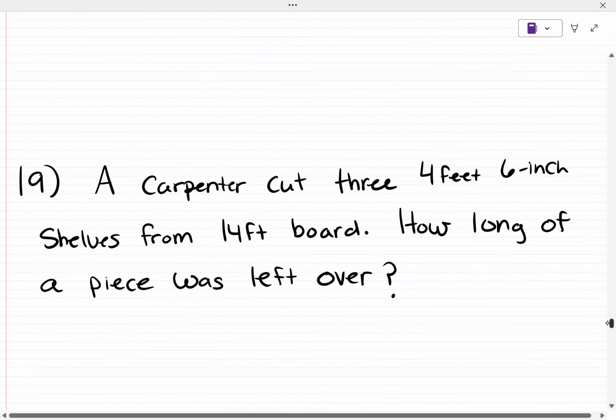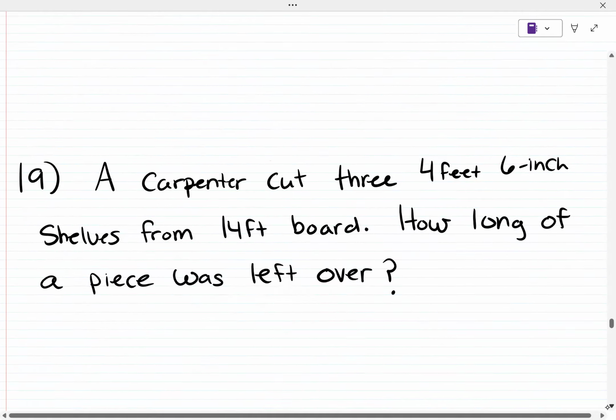Okay, number 19. A carpenter cut 4 feet 6 inch shelves from a 14 feet board. How long of a piece was left over? So this is what's happening.